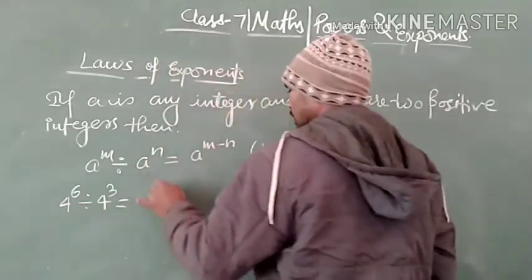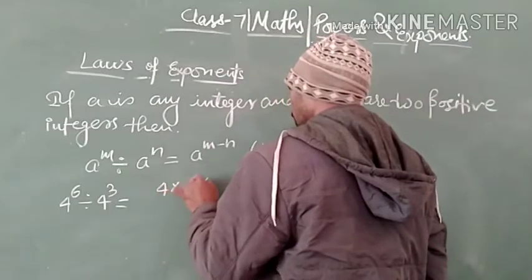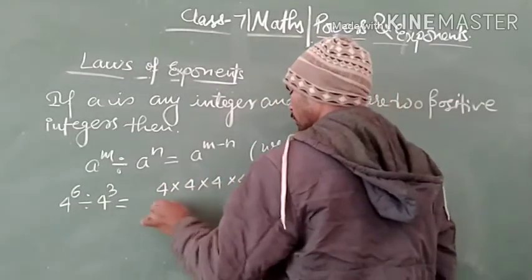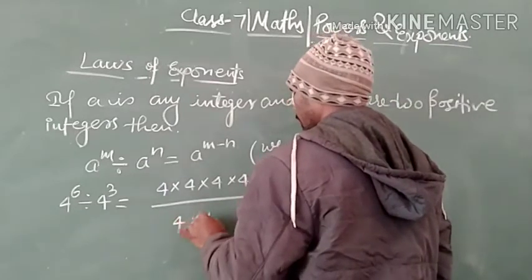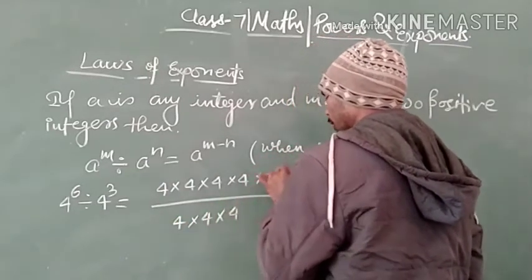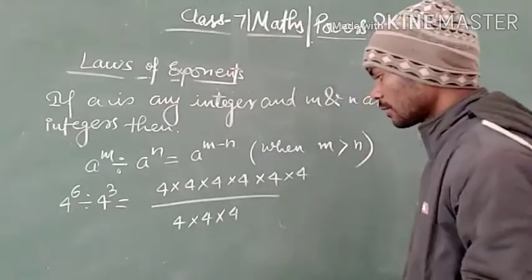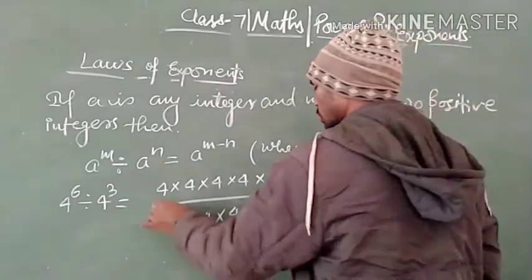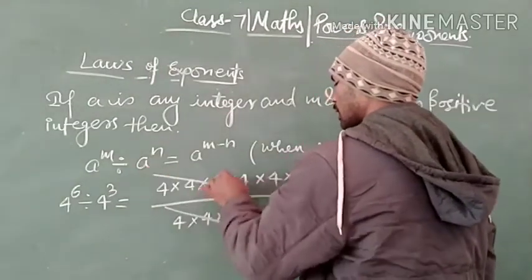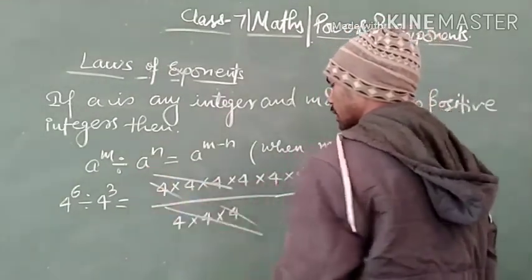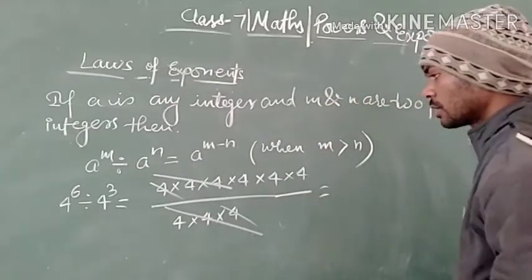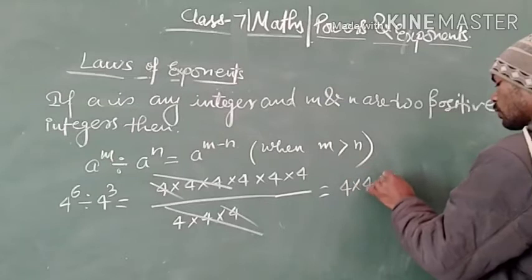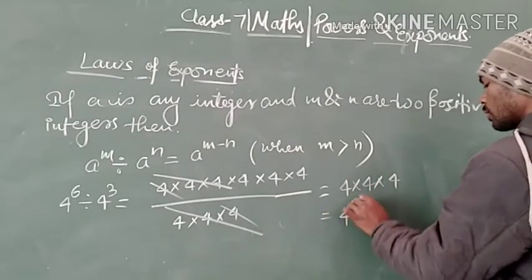This can be written as 4 into 4 into 4 into 4 into 4 into 4 upon 4 into 4 into 4. Okay, so here we can see that it is a division. So three 4s are cut out from these three. So what is remaining here? 4 into 4 into 4, that is 4 cube.